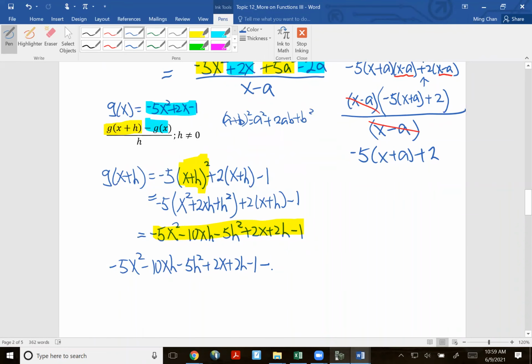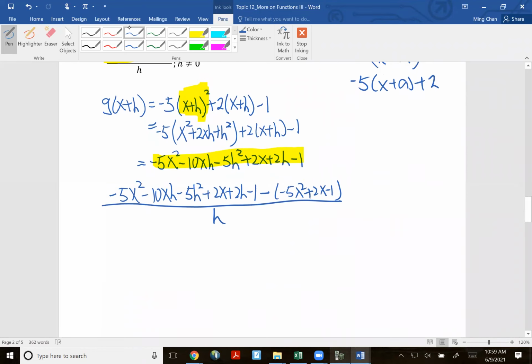Minus g of x, which we'll substitute for negative 5x squared plus 2x minus 1, all over h. All right, there's a big mess up top. Let's distribute, and so we can see who we can combine.